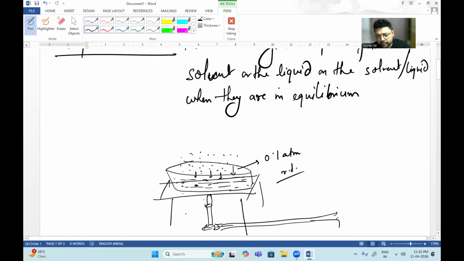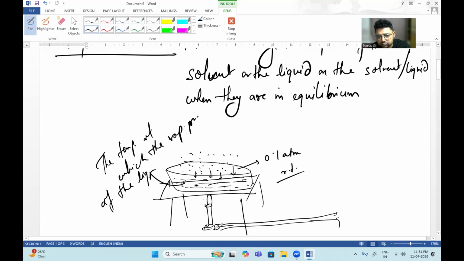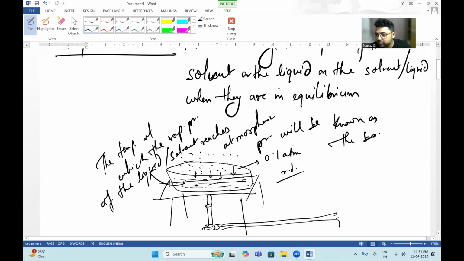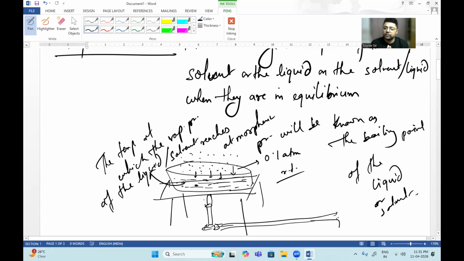You are heating it. Now, the temperature at which the vapor pressure of the liquid or solvent reaches atmospheric pressure will be known as the boiling point of the liquid or solvent.